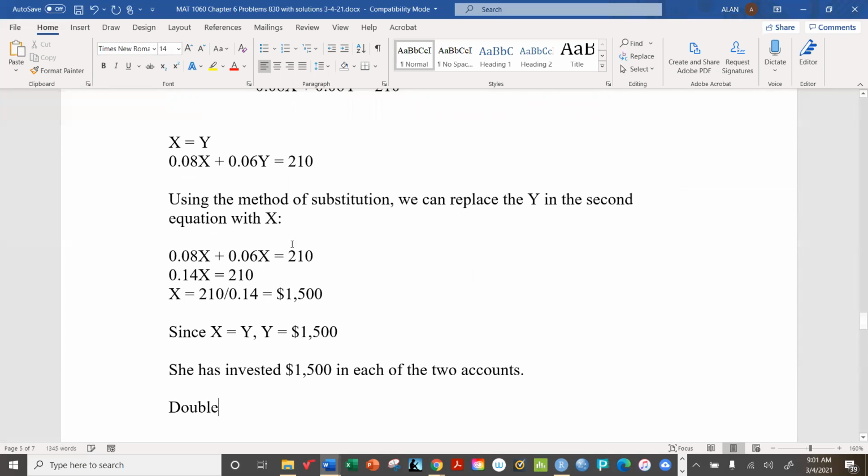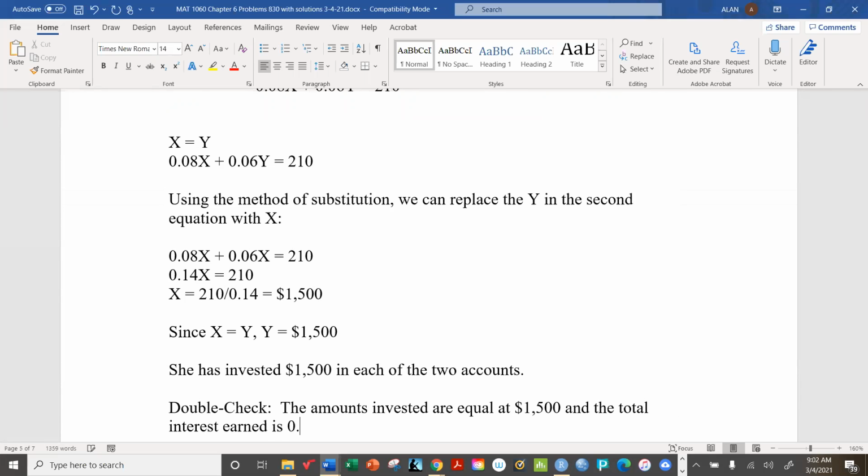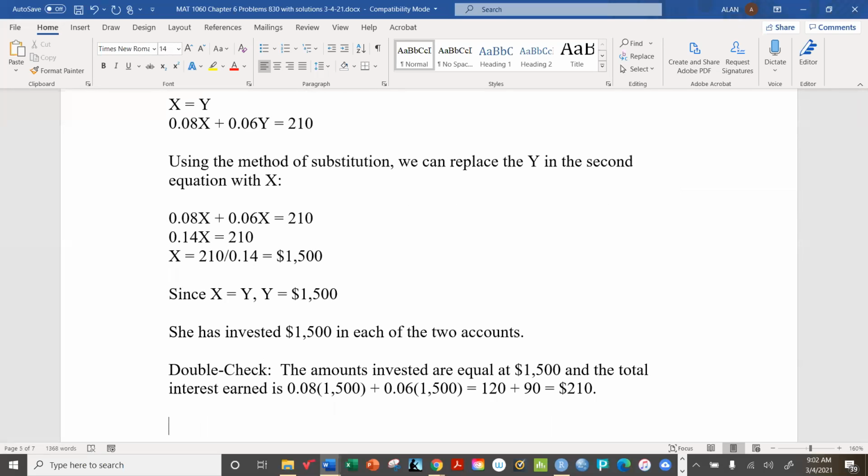Okay, so the double check is that the amounts invested are equal, and the total interest earned is 0.08 times 1,500 plus 0.06 times 1,500, which is indeed 120 plus 90 equals 210. So we must have done it correctly.